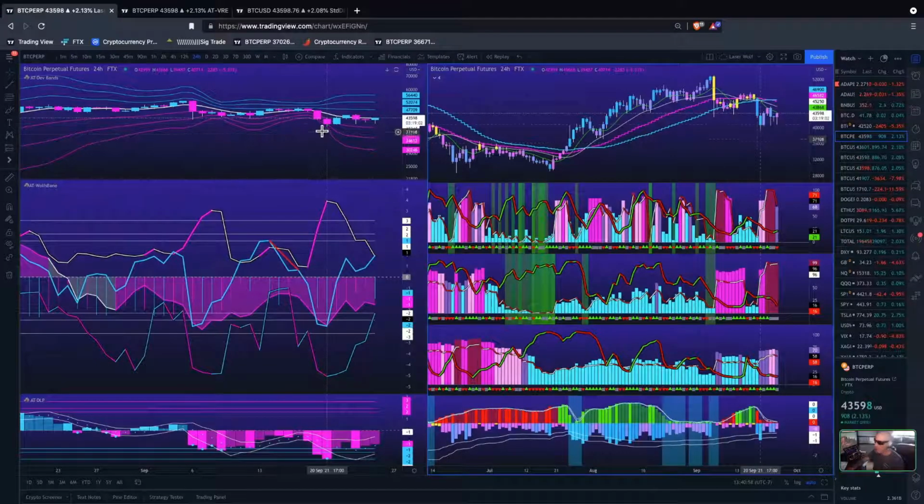Yep. There's no bull div. But you can see on this daily candle, the oscillator. Look at the R squared, the blue histogram. What's that telling you? It's telling you that you can trust this returns oscillator.